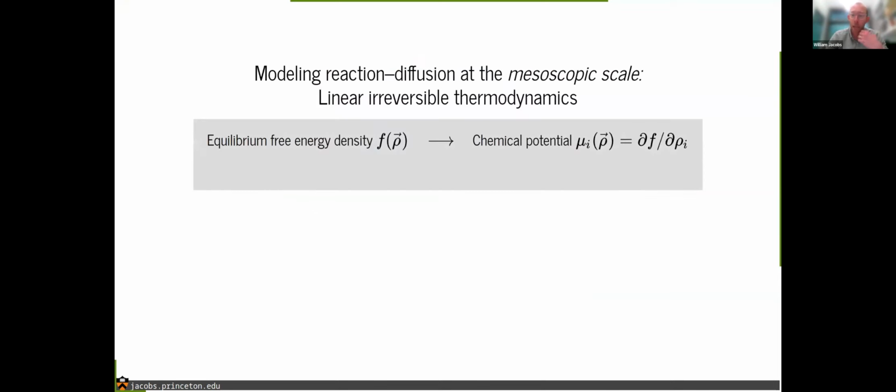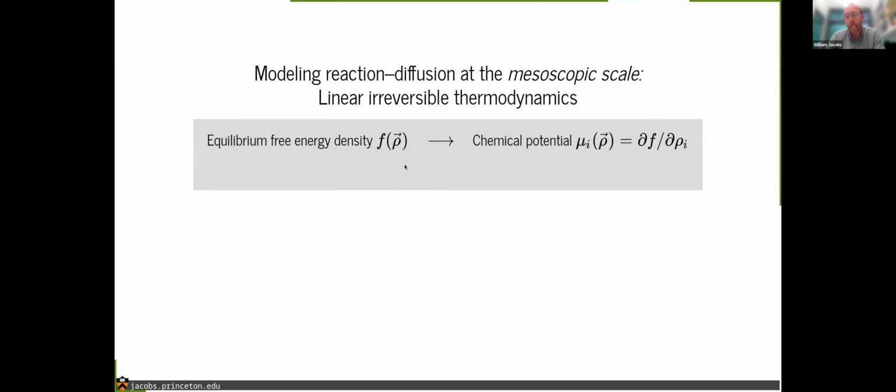Right, so to actually model this and incorporate these non-equilibrium aspects, a common starting point is the framework of linear irreversible thermodynamics, which holds close to equilibrium. So I just want to walk you through what this looks like in many of these existing theories.